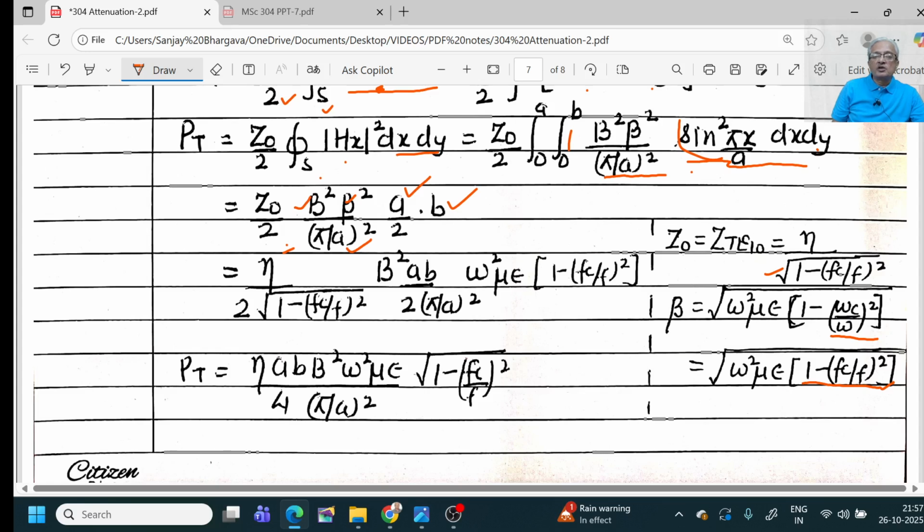Substituting the value of Z0 as eta upon under root of 1 minus (fc by f) whole squared, b squared ab upon 2 (pi by a) whole squared, and beta squared as omega squared mu epsilon into 1 minus (fc by f) whole squared, this can be simplified to eta a b squared omega squared mu epsilon upon 4 (pi by a) whole squared under root of 1 minus (fc by f) whole squared.